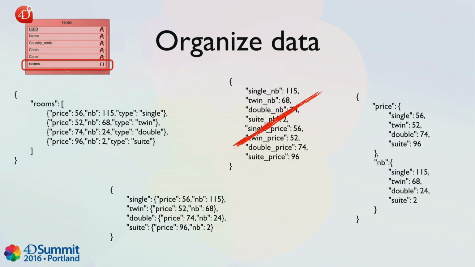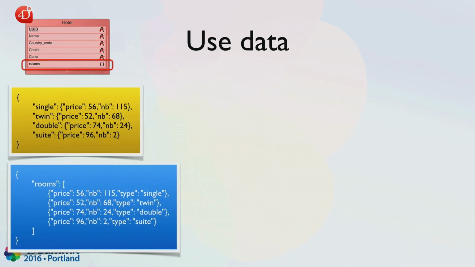It's not really a good idea. This one, you have one type, then a number. It's strange to reverse the order, so I don't like this one. The two other ones are interesting, so we will study the yellow one and the blue one.